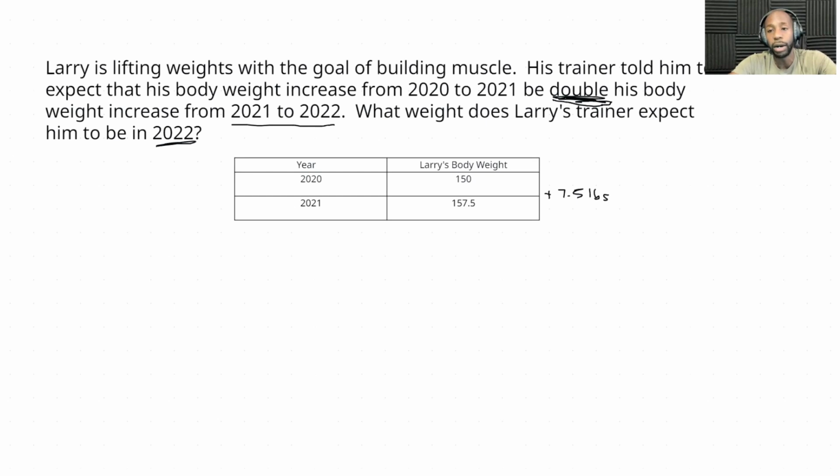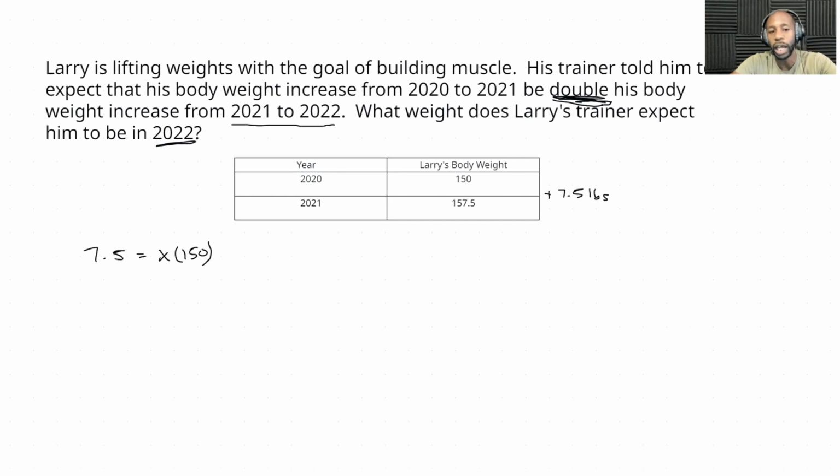Now, to know what the percent increase is, we need to ask ourselves, 7.5 pounds is what percent of 150? Because this is the increase, the numerical, the poundage increase. And we want to find now the percent increase. So that's how we're doing that. This is what percent of 150.